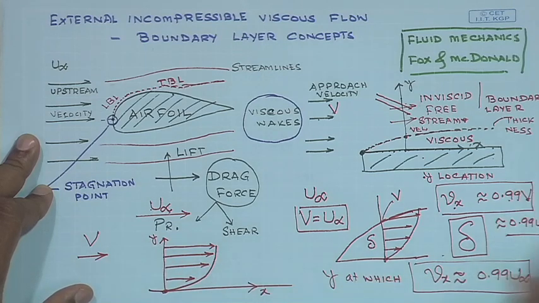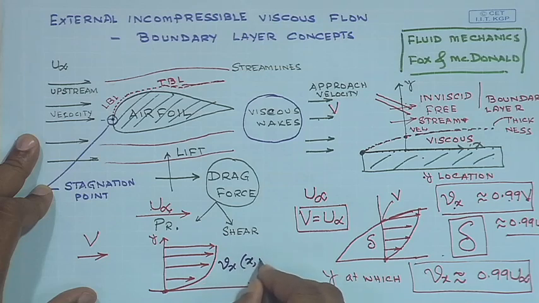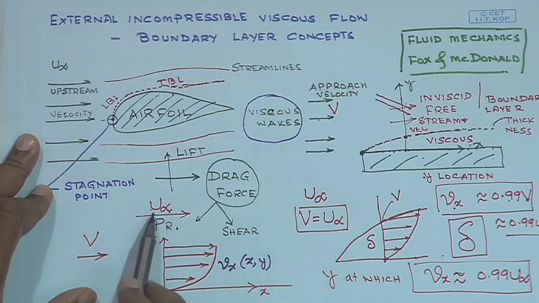Inside the boundary layer, the velocity in the x direction is a function both of x and y, and outside the boundary layer the velocity is simply going to be a constant equal to the free stream velocity. So, it is 2D flow inside and it is inviscid flow outside.